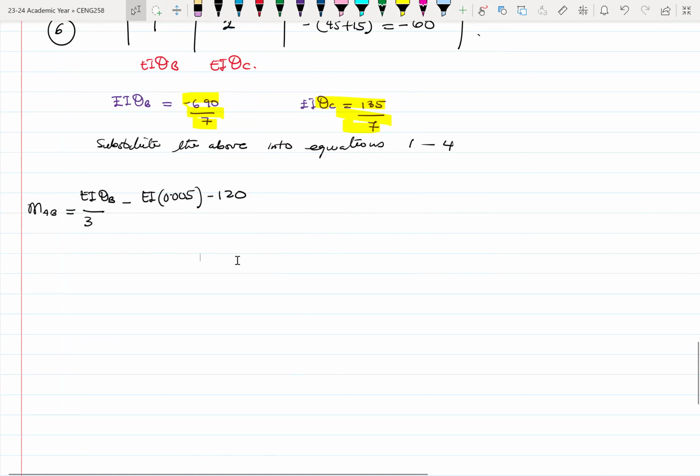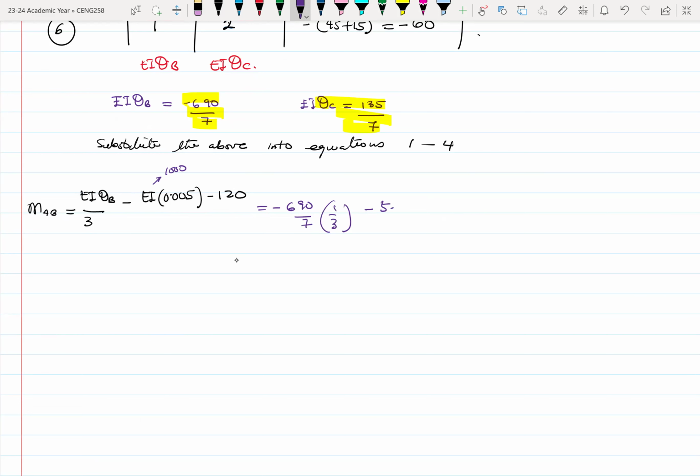So we know EI theta B already. So this is going to be minus 690 over 7 times 1 over 3 minus this. Our EI was already 1,000. So we know that already. So it becomes 0.005 times 1,000. That is 5.